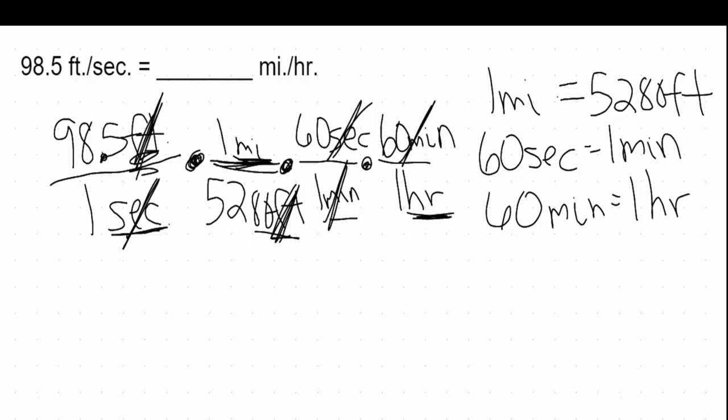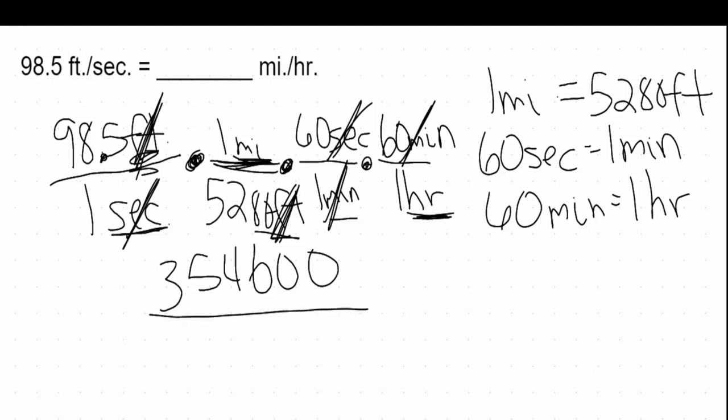Otherwise, we just need to calculate our numbers here. So let's see, in our numerator, we have 98.5 times 60 times 60. So when I plug that into the calculator, I am getting 354,600.